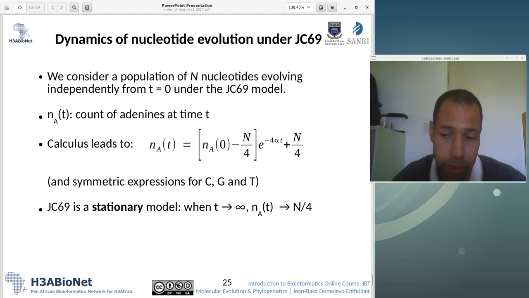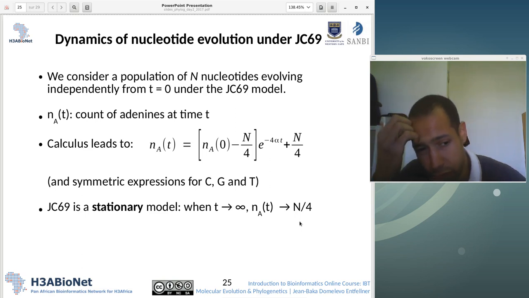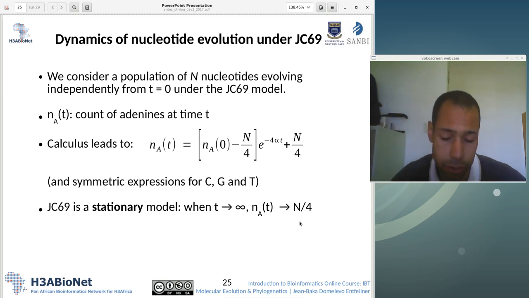And same for C, same for G, same for T. So we have established that JC69 is a stationary model. So that's what we call pi subscript A for this model, okay? Pi is the letter that we use to describe the values of the stationary equilibrium frequencies of nucleotides.